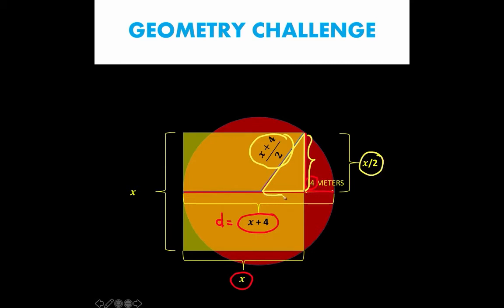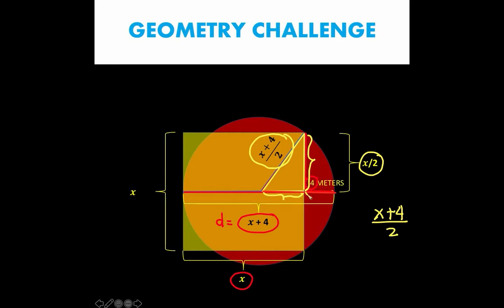Let's find what is the representation of this other side of this right triangle. Let's take note that from the middle of the circle up to this point on the circle, that is equal to the radius. And we know that the radius is this part, (x plus 4) over 2.